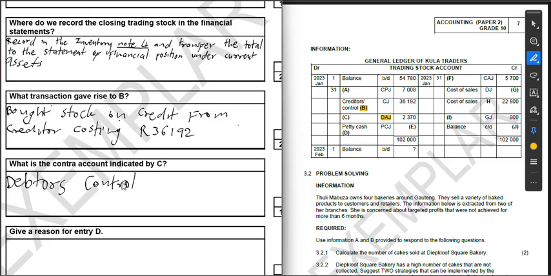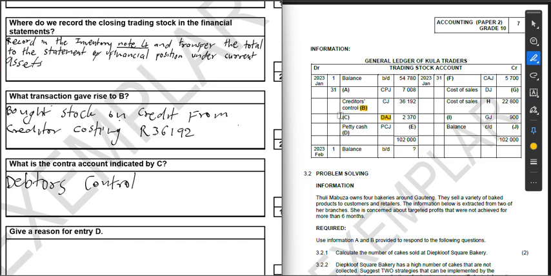So they brought back the stock, there was nothing wrong with it, they decided they don't want to use it anymore, so they brought it back because maybe they didn't like it. There's a number of reasons that people can bring back stock, so that's why you have it here. So the contra account here is debtors control. And then we shall continue, ladies and gentlemen.